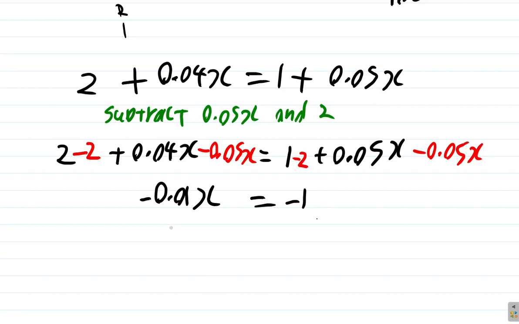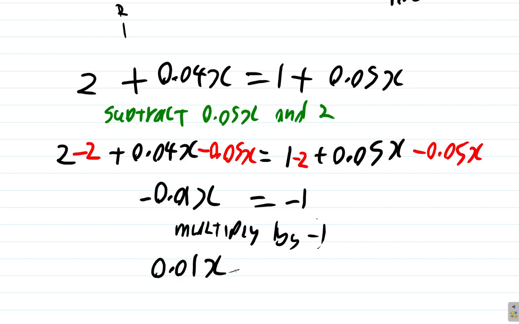If you consider multiplying both sides by negative 1, negative 1 times negative 0.01 gives you positive 0.01. Remember, when you multiply negative 1 by a number, the size of the number remains the same, but the sign will change. Negative will become positive, positive will become negative. Negative 1 by negative 1 is a positive 1.